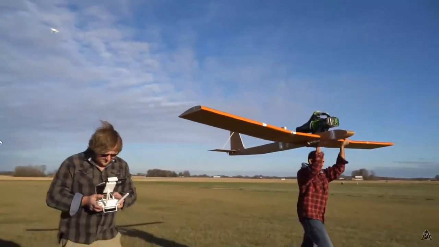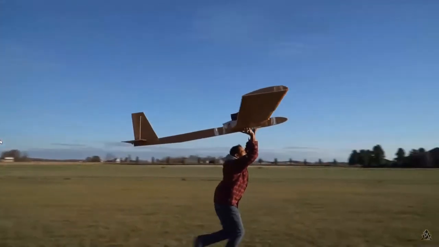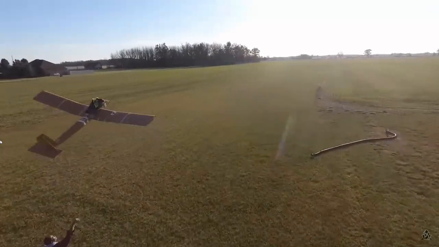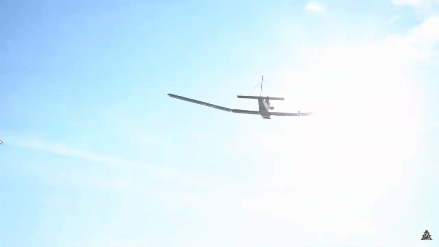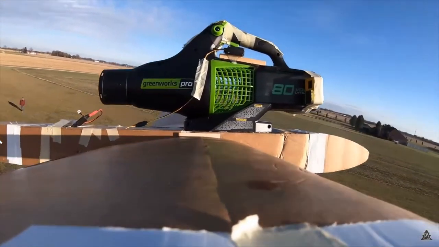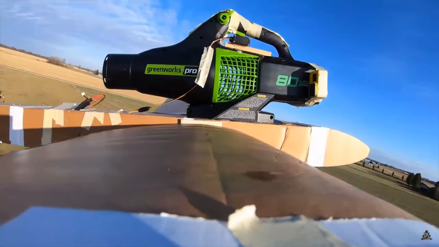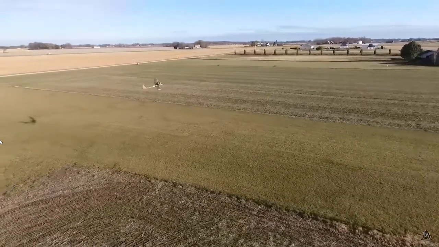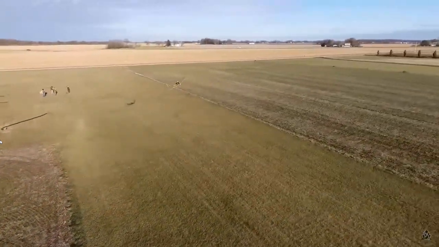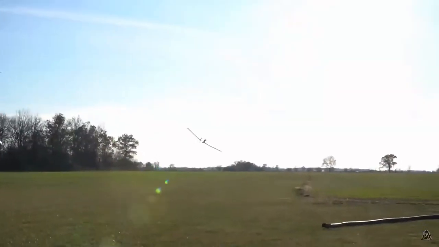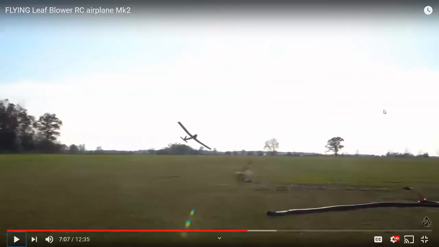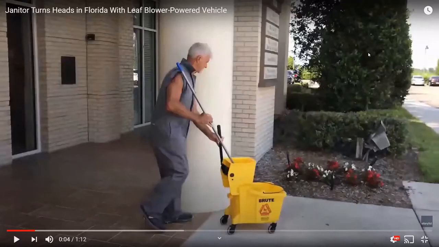We're gonna go. Yeah, it's actually not flying as well as it did yesterday. They're like the Wright brothers, but with the leaf blower. So if it's possible to do that, then do you think this is possible?